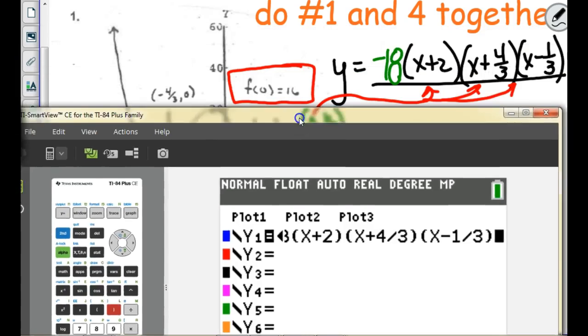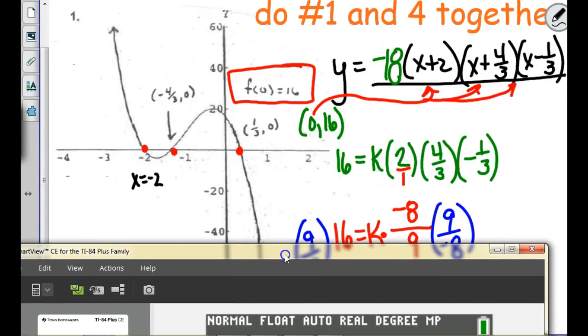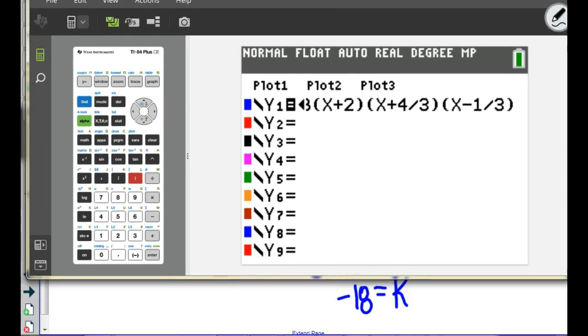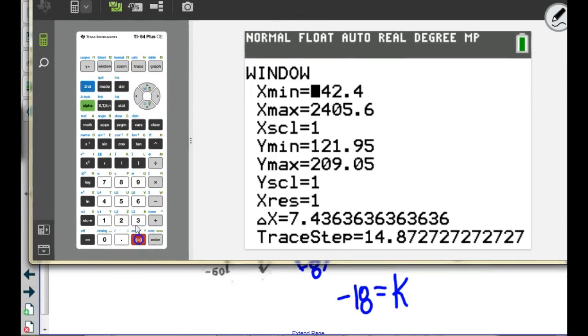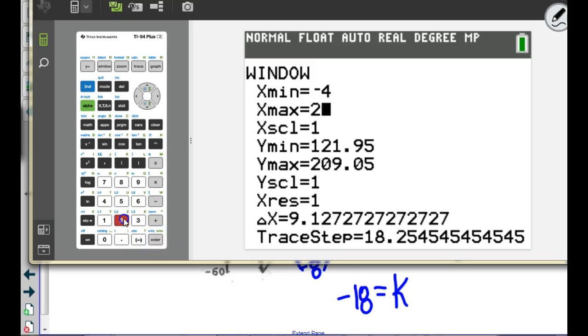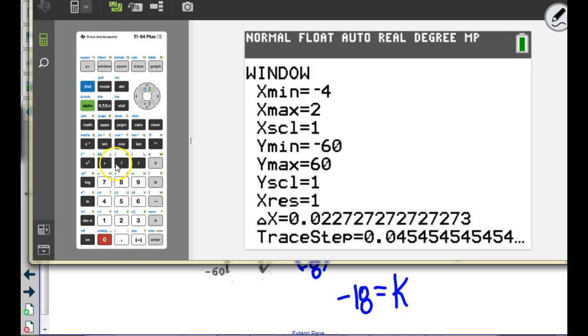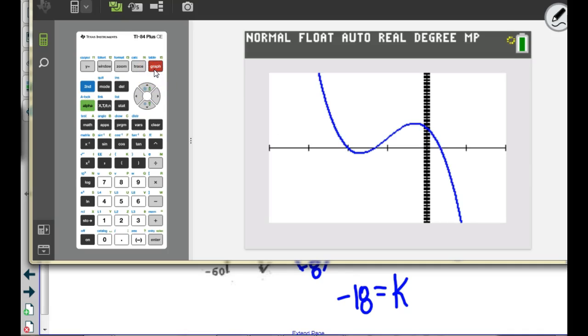Let's try to set our window up to look like theirs. Theirs goes from what? -4 to 2? -4 to 2. And then the y's are, okay, I'm just setting it up to match what's on their graph.